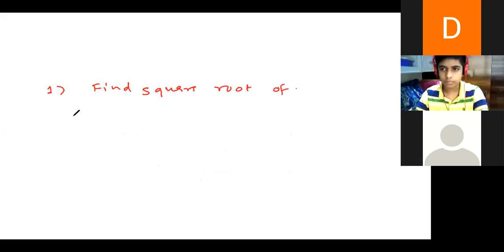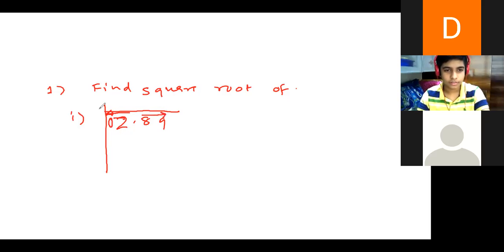So first one is find the square root of 2.89. This is a couple. But how will the single digit be coupled? I make this zero a hero here. This is already a couple.